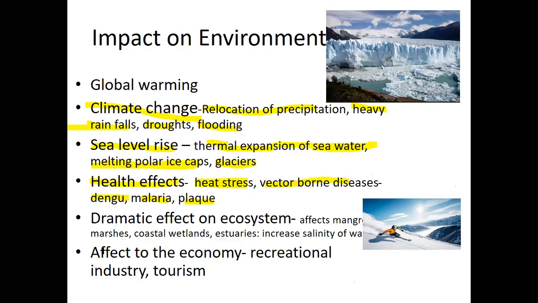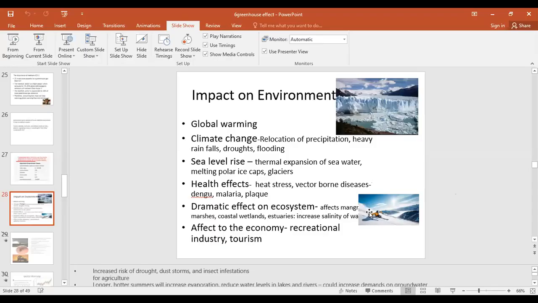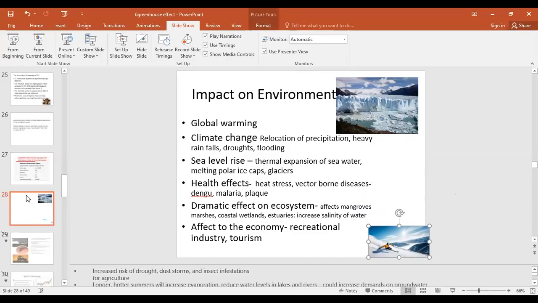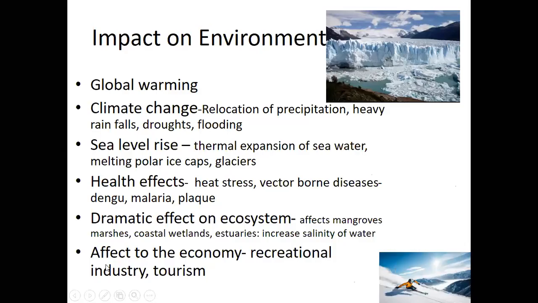Then because of global warming, dramatic effects are caused to the ecosystem. It affects the mangroves, marshes.